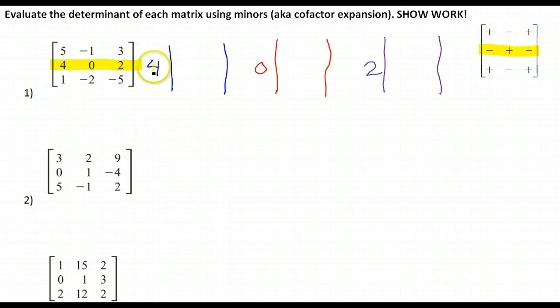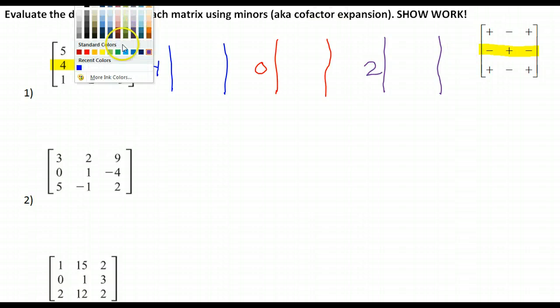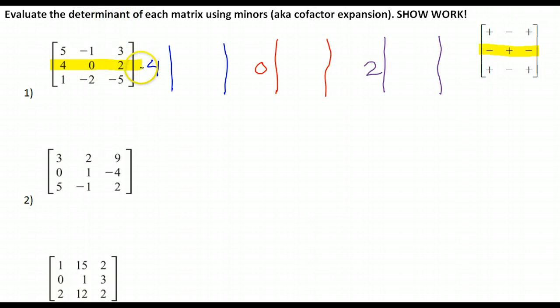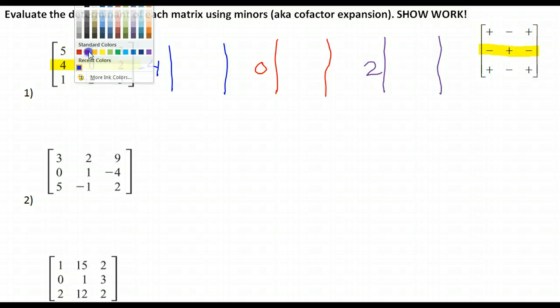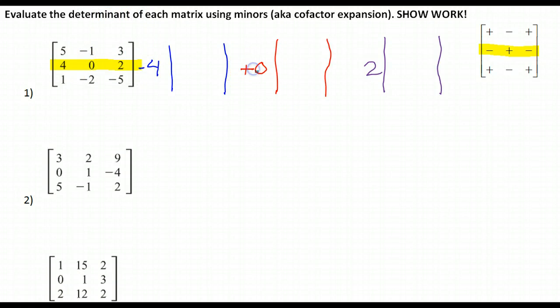So in this case, the 4 should be opposite. The 0 doesn't really matter because it's 0. And the 2 will be opposite. So just be careful of that. The 4 is going to actually become a negative 4 because of the opposite right there. Just to be consistent, I'll go ahead and put a plus 0 because of the plus there.